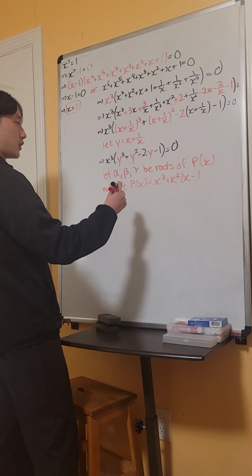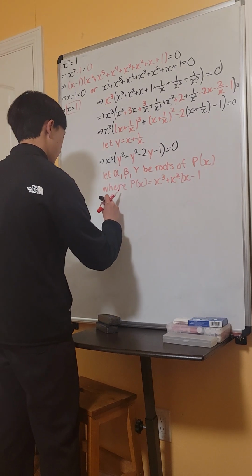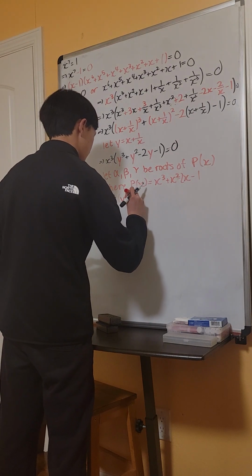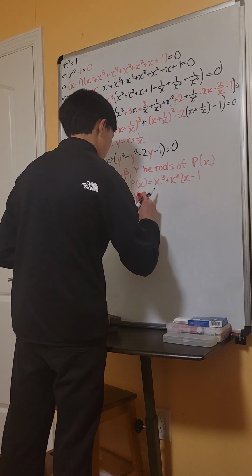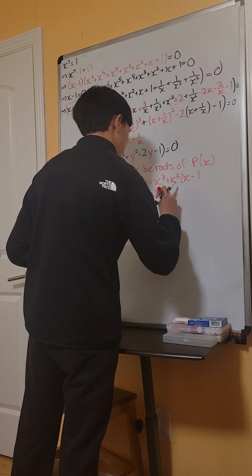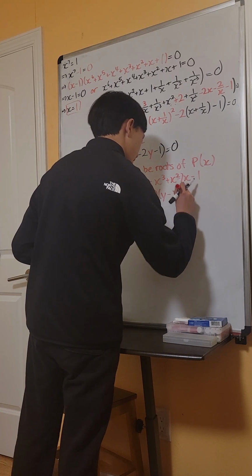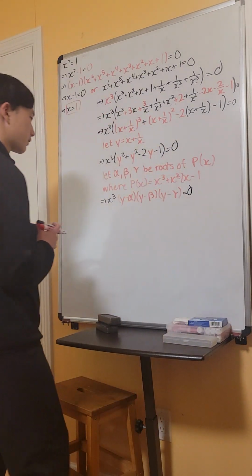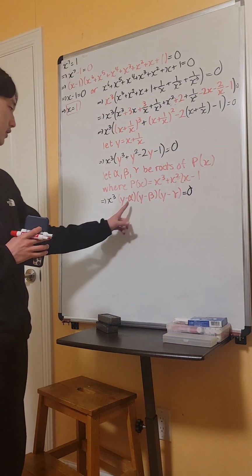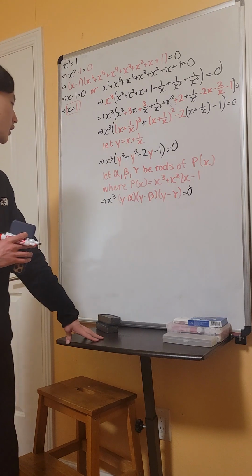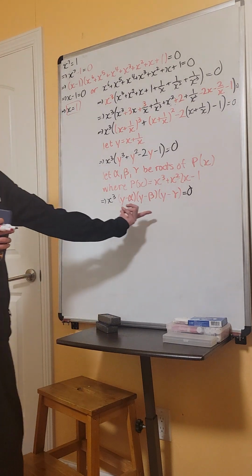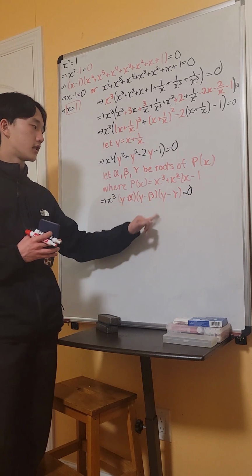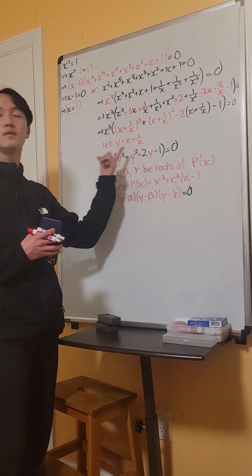So, let's just factor that now. You get y minus alpha, y minus beta, and y minus gamma is equal to 0. If you've done high school math so far, think of this as intercept form, right?